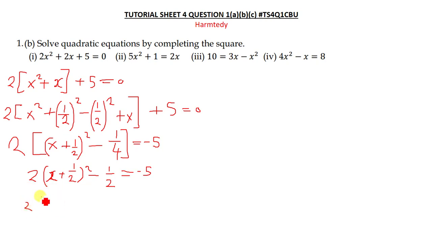Or let me just write this step independently. So I have negative 5, then plus 1 over 2. So you simplify this by dividing by 2. You are going to have something like this.